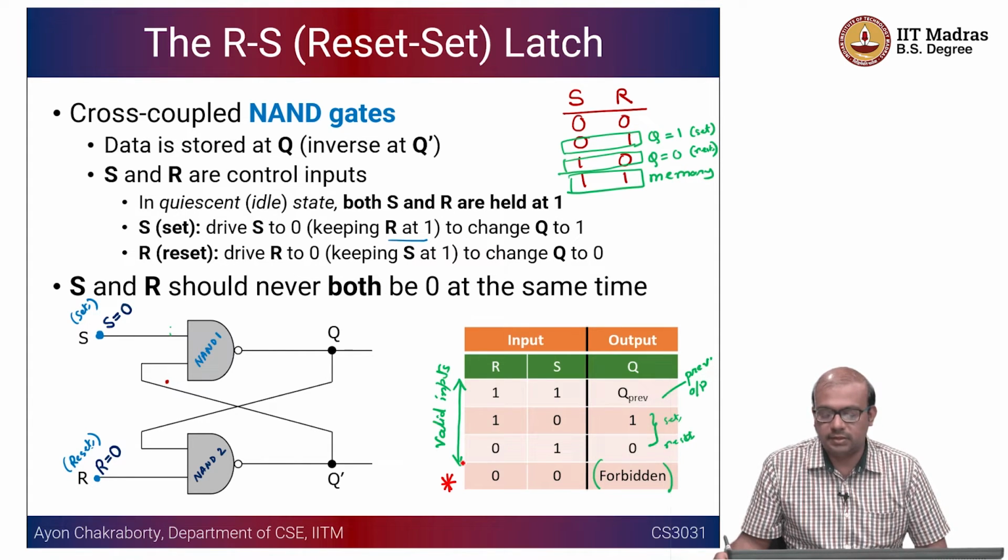There are two reasons for that. The first one is that Q and Q bar, one of the basic assumptions that we have made while designing this kind of circuits or storage elements, are complements of each other. That has to be maintained, and if we put both of them at 0, that is not maintained.